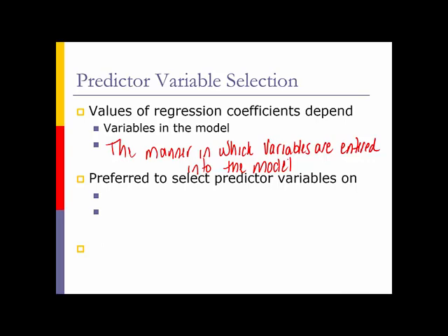Unless you have some type of past information or past research that is telling you that 2 out of those 5 have been shown in the past to be able to predict your outcome variable well. So those would obviously get put into the model first, followed by the ones that are unknown.